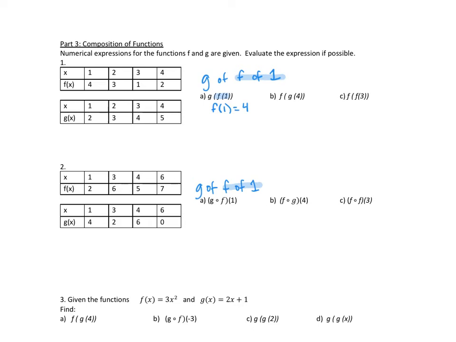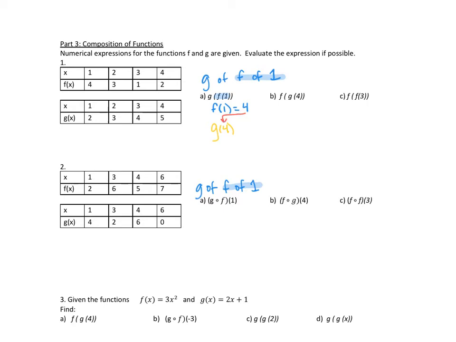Now we're going to take that f of 1, which is 4, that's inside of our g of x. So instead of having an x, we're going to plug in this answer of 4. So we'll have g of 4, and remember that 4 comes from this 4 right here.